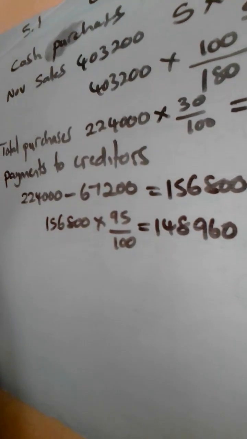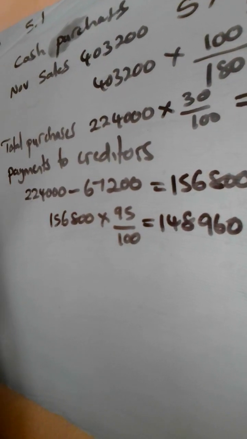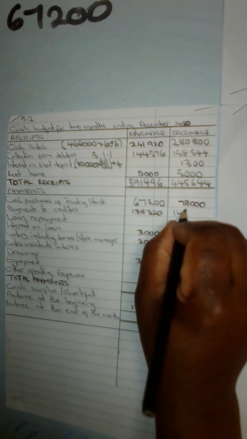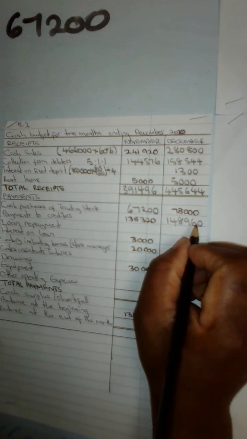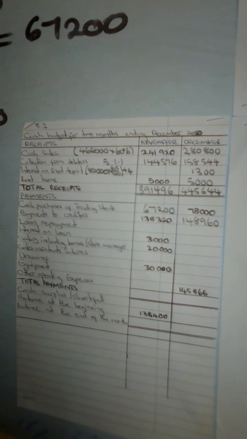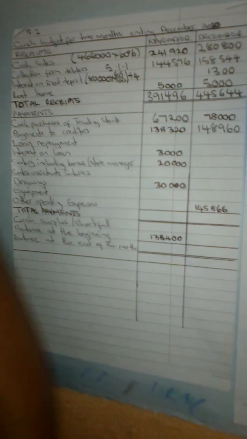Okay, that is the money that is going to be paid in December. It is coming from the purchases that took place in November. After 1 month, it is supposed to be paid in December.